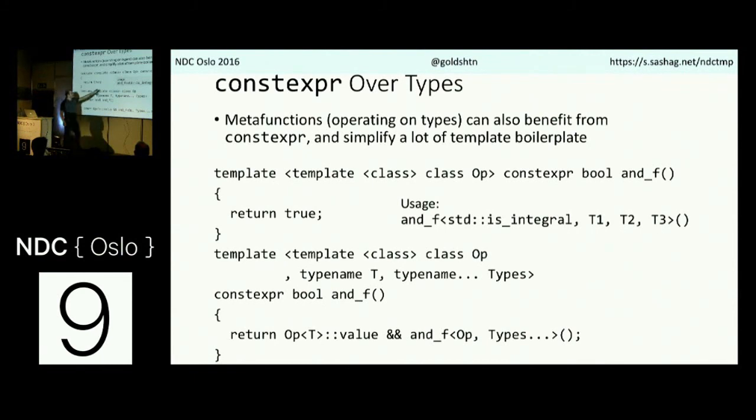And we want this thing here, endf, to evaluate whether this Boolean metafunction is true for all my types T1, T2, T3, and return true or false, which would be known at compile time.